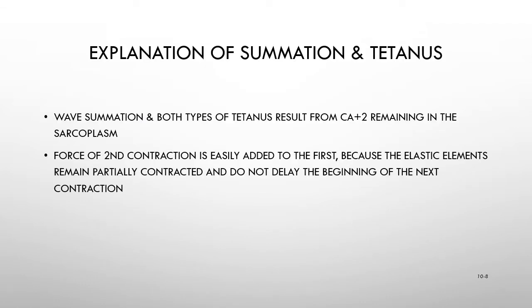So what this tells us is that there's always a little bit of extra calcium still in that sarcoplasm. So during that period of time of either relaxation or with fused tetanus where there's really not any kind of relaxation whatsoever, enough of that calcium has remained to where we have a stronger contraction the next time.